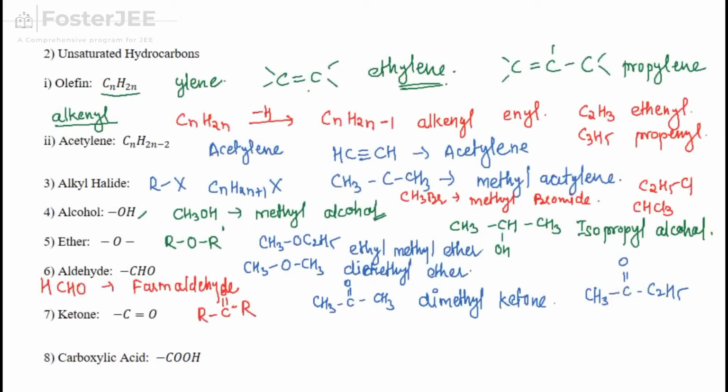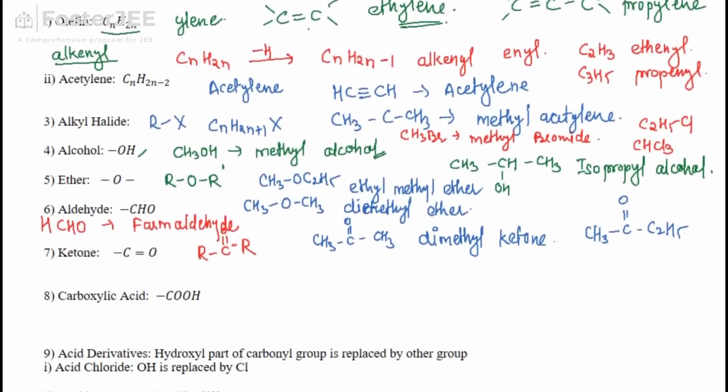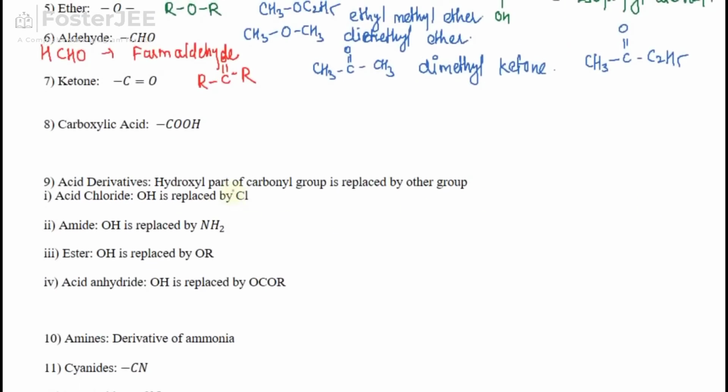Now the next category, that is carboxylic acid. Here the carboxylic acid contains a COOH group, and the names of the compounds are formic acid for HCOOH and acetic acid for CH3COOH.